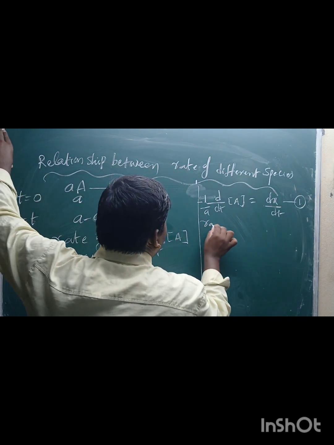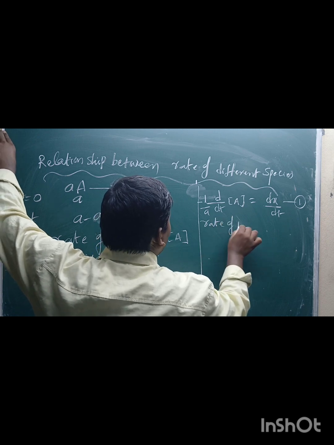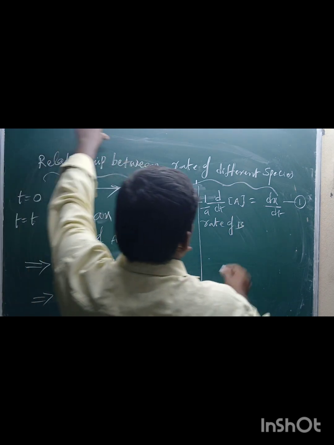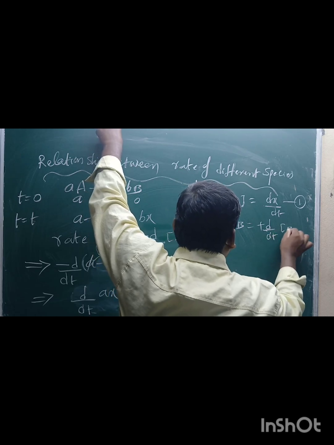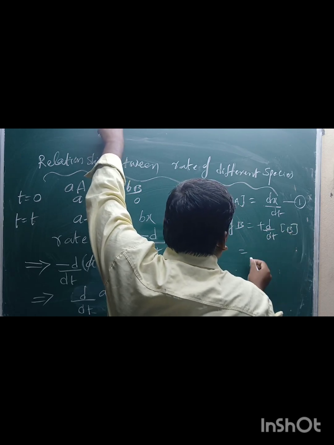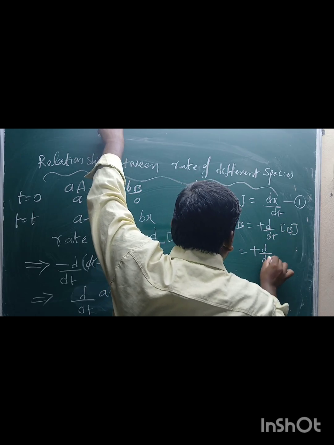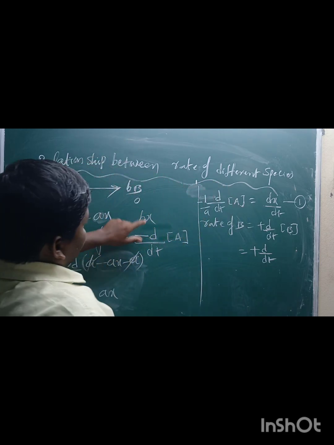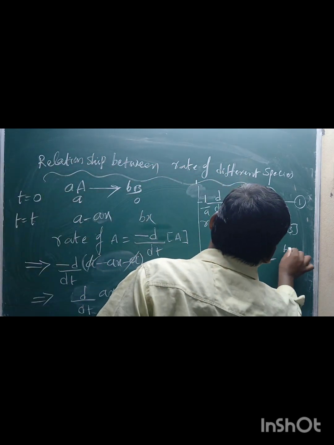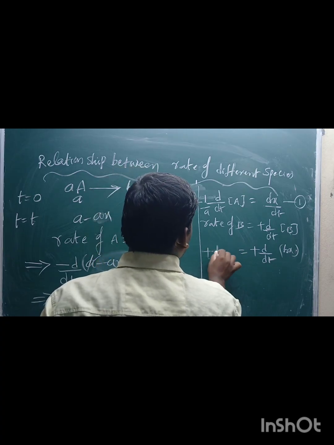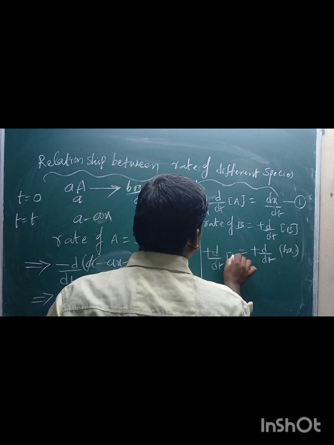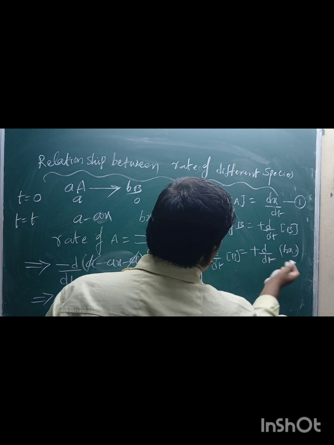If you take with respect to b, rate of reaction of b is equal to plus d by dt of concentration of b, which is nothing but bx minus 0, that is bx. This is equal to plus d by dt of concentration of b.